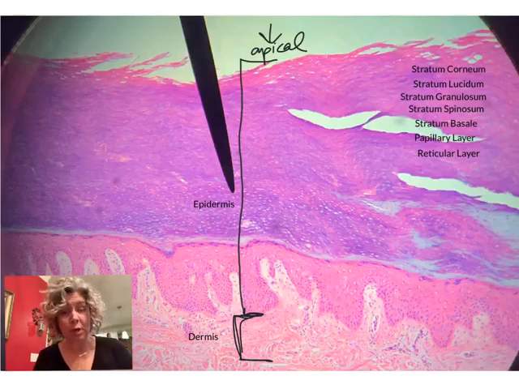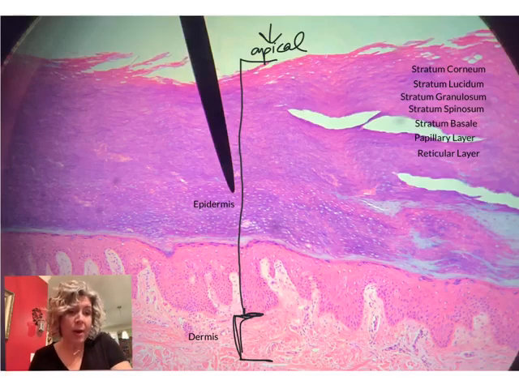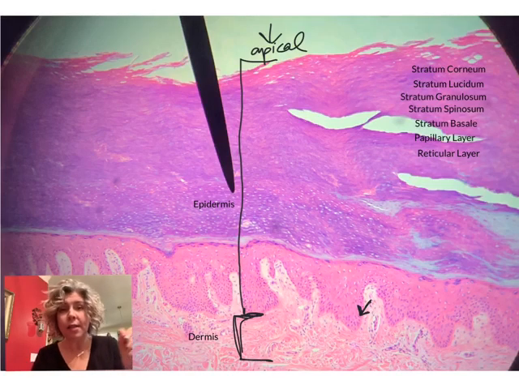Now within the epidermis, remember the epidermis is keratinized stratified squamous. We're looking at thick skin. In the epidermis there are 5 major layers. We're going to start at the bottom and then work our way to the top. At the very bottom, right around in here, you can see it's very heavily nucleated cells. Lots of little purple dots all within that bottom layer.